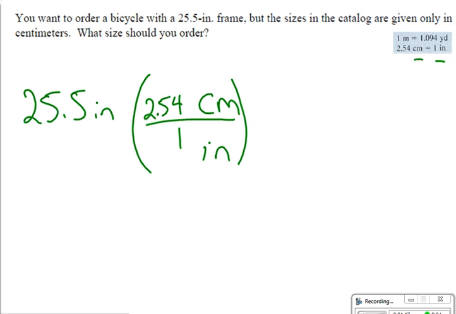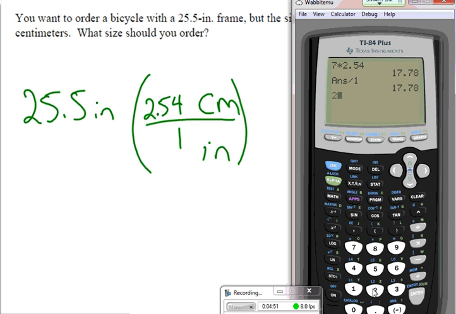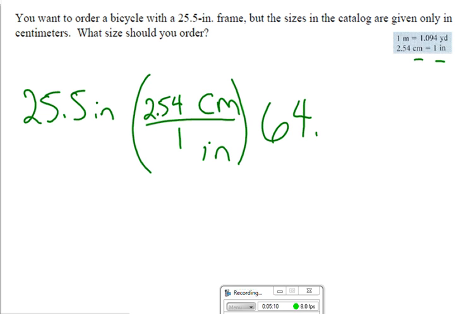5.5 times 2.54 divided by 1 is 64.77. Inches canceled out, and I was left with centimeters.